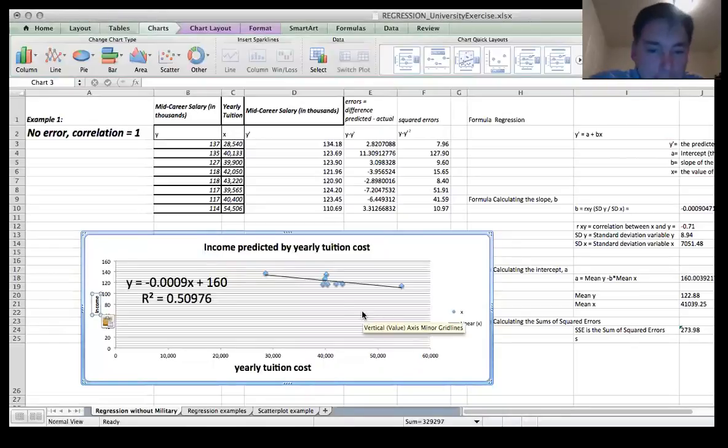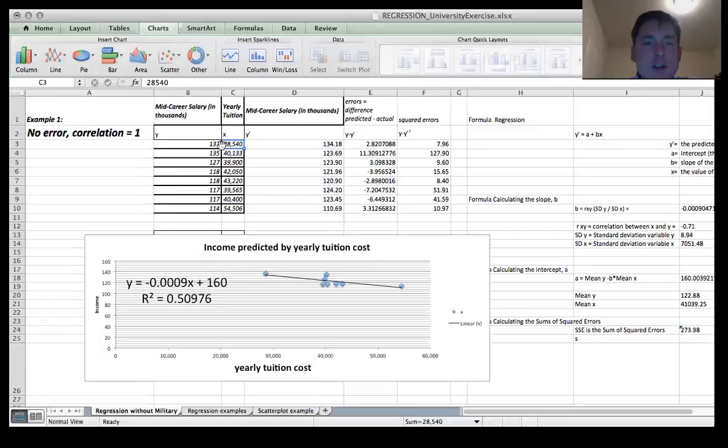Well, let's just go by the numbers here. Let's say I paid $28,000 in tuition costs, and then I got $137,000 in salary. That was the one with the lowest tuition. Let's go to the one with the highest. $54,000 was the highest, and they made $114,000.